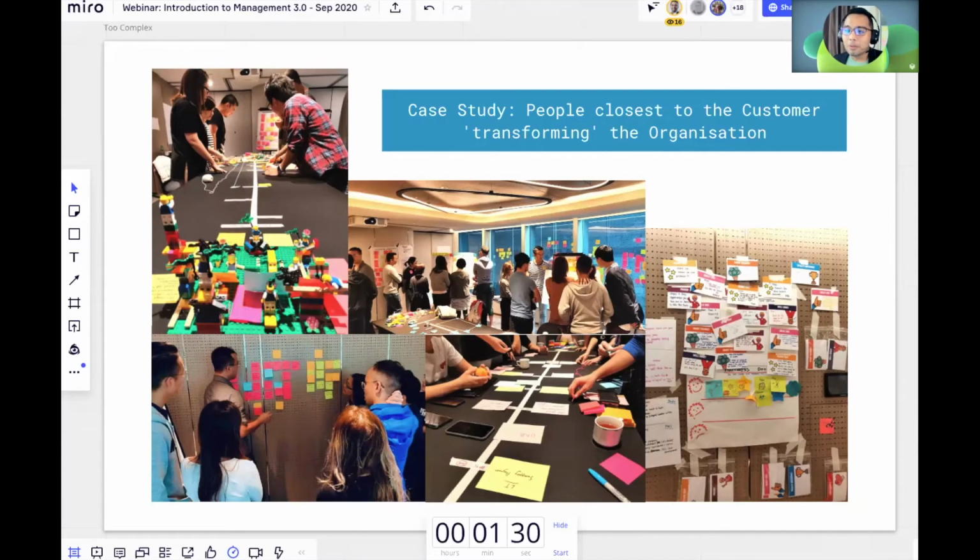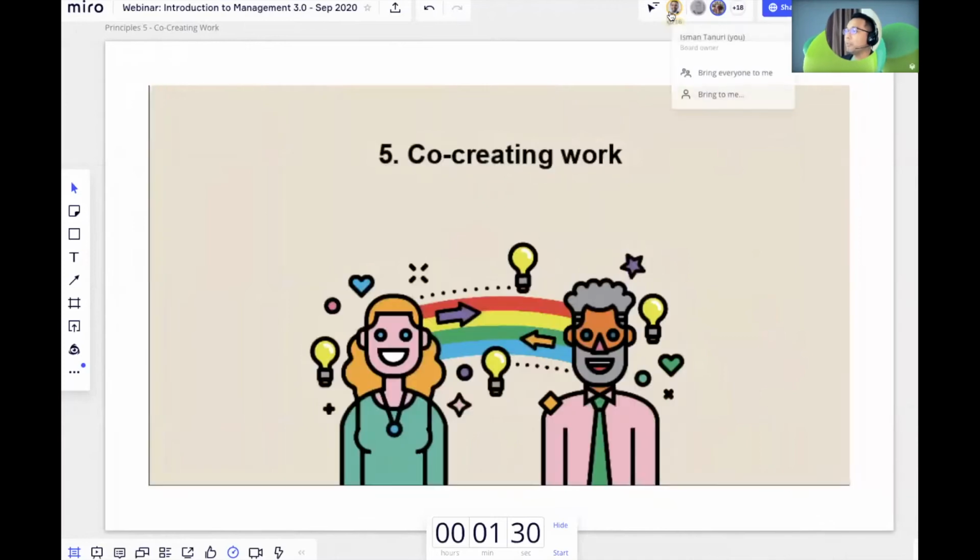So in this case, I'm going to bring you to my next screen in Miro. It is about how you co-create the work, especially in complex environments. So it's no more about marketing working on itself, HR on itself, supply chain on itself, but how everybody can work collectively together to create lots and lots of value for the customer. So that is the 5 principles of Management 3.0.